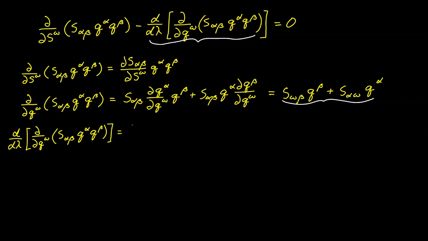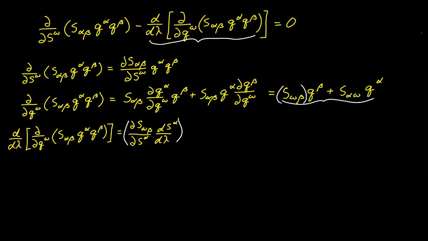We're going to have the partial derivative of s omega beta with respect to s alpha times ds alpha d lambda. So don't let me lose you here: what we're doing is saying that the combination of these two factors together is the chain rule applied to the derivative of this one factor.